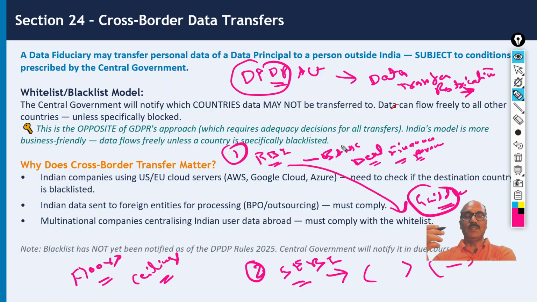They have their own guidelines, and those guidelines act in addition to the DPDP provisions. So DPDP is not the ultimate regulation in terms of sensitive information crossing borders. That we should keep in mind. It's a very important point.